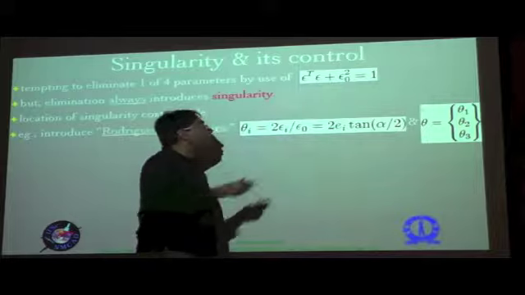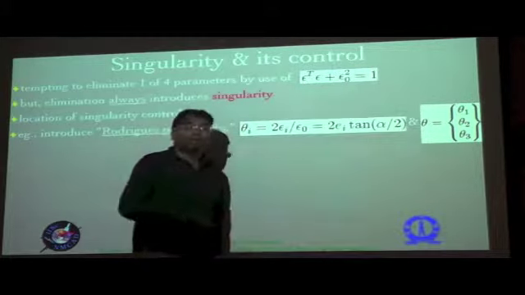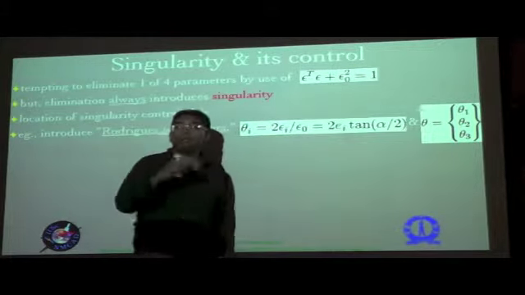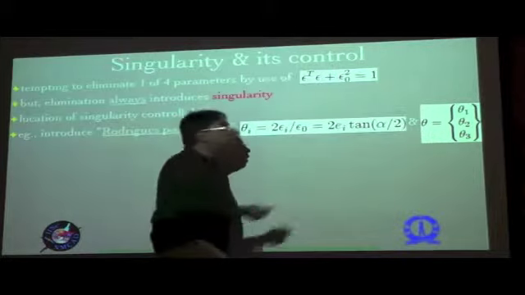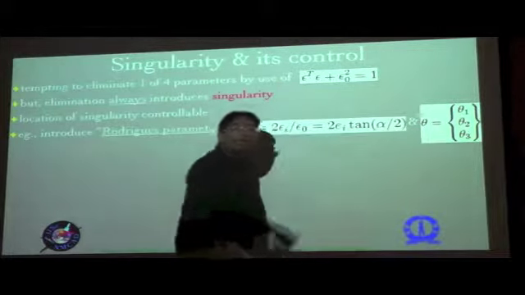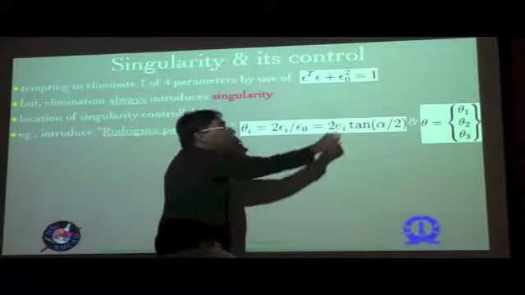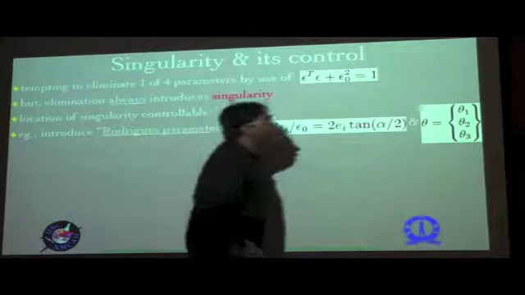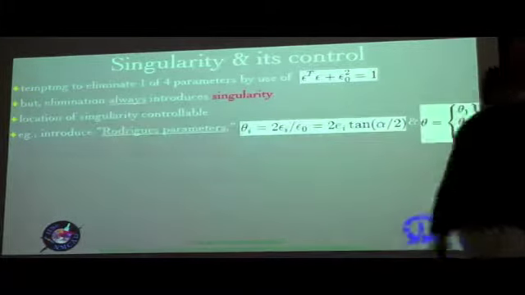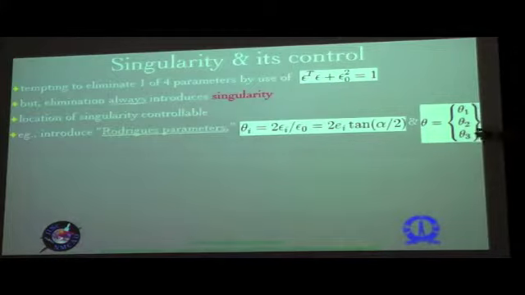If you recollect the definition, epsilon naught is cosine alpha by 2, whereas the epsilon i are given by Ei sine alpha by 2. So sine by cosine becomes tan alpha by 2, multiplied by 2 Ei, and we can have a column matrix representation so that all 3 Rodrigues parameters are contained within this single matrix variable theta.